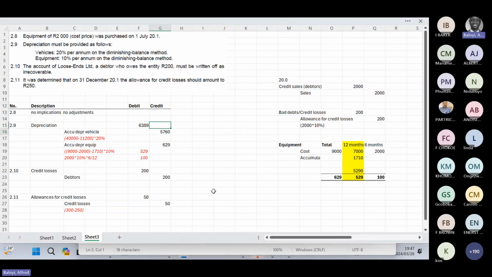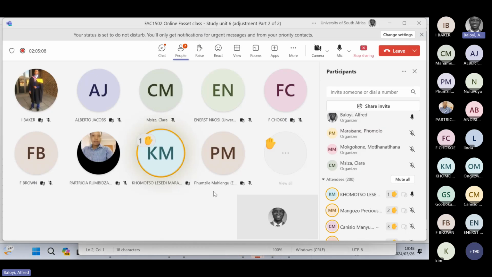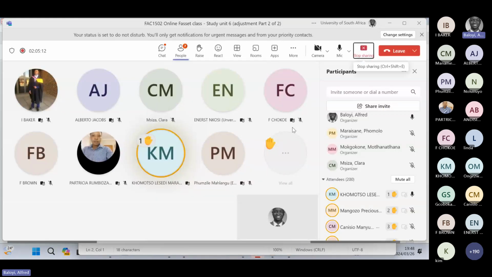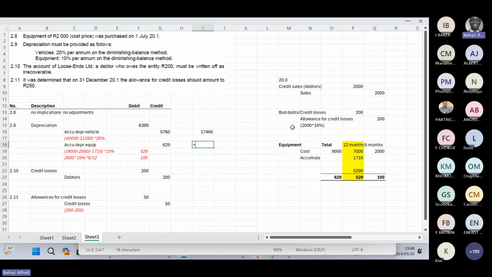Remember, this is the general ledger, but at the end of the year, the closing balance will be 11,700, right? 11,700 plus this one for equipment. And this one will be 1,710 plus this one.